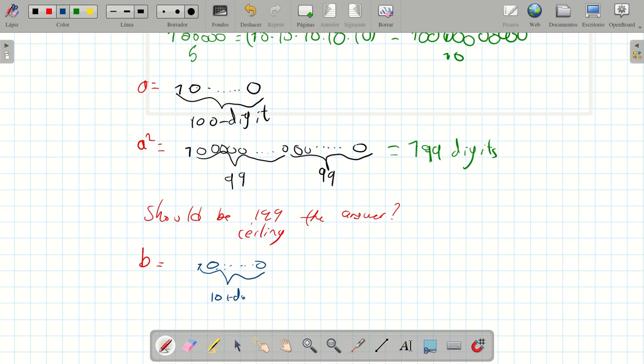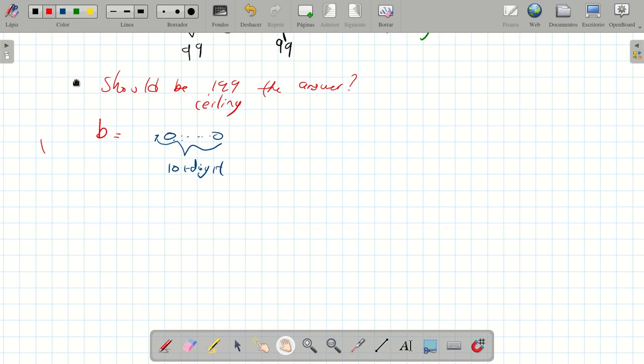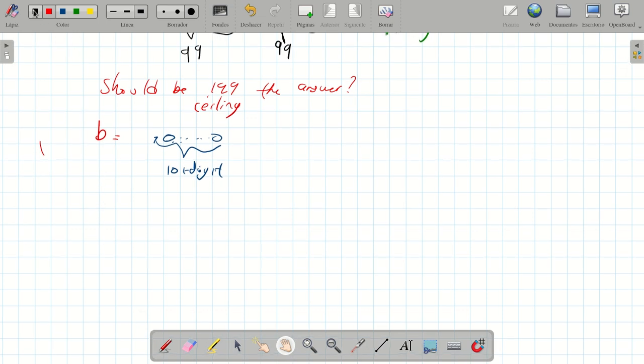And doing the same, B square. How many digits will it have?